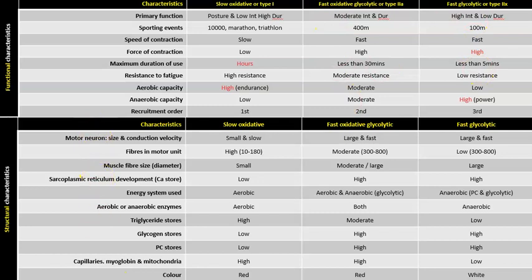Similarly, these are the structural characteristics or the things that you might judge the fibers on in terms of their structure. And again, if you can understand these and know where each of the three fibers sits in relation to these, that's a great way of understanding and of learning these different fiber types.